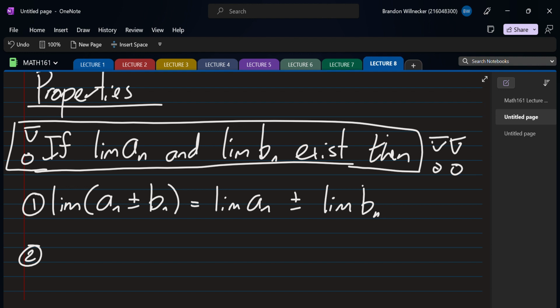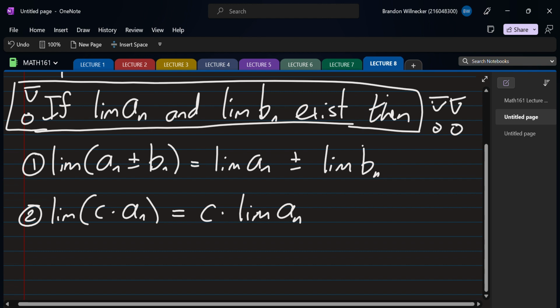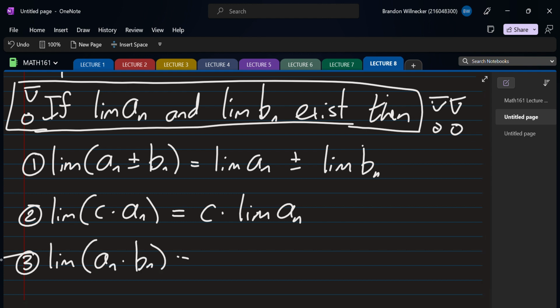Number 2: limit of c times an, where c is a constant, we can take that out. Again, very similar to limits of functions. Number 3: limit of an times bn is equal to the limit of an times the limit of bn. So we can separate this out into two limits.